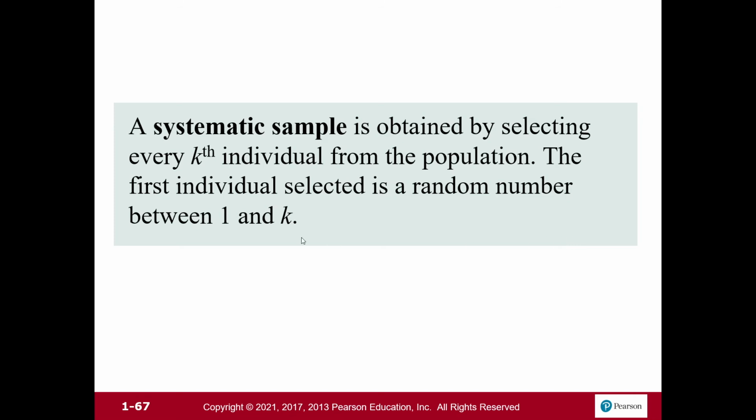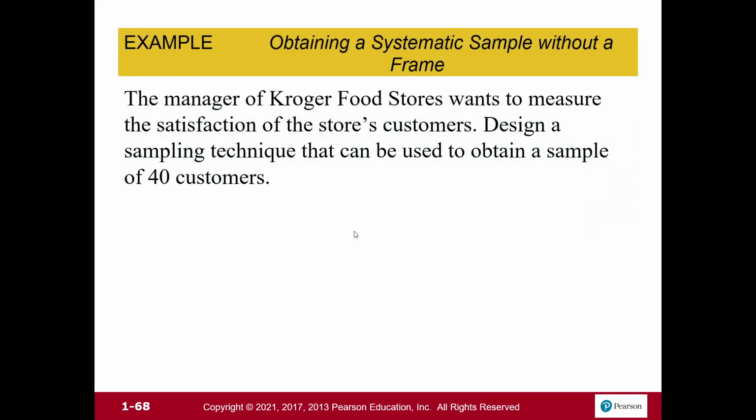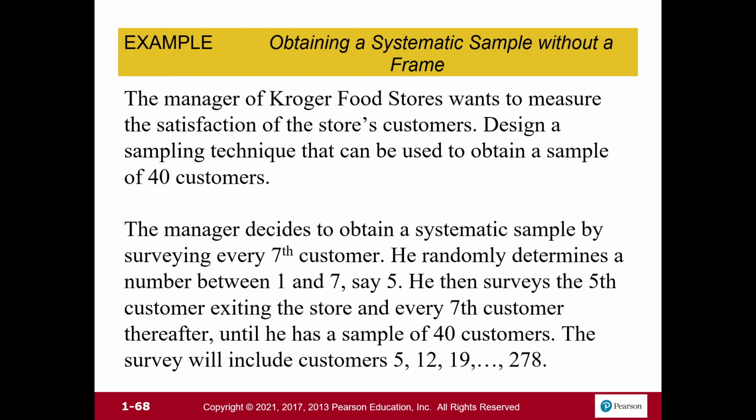All right, will that have bias? Probably, but it's probably still a good way to sample. It's a good technique. So here's an example of how they decided to get a systematic sample. Every 7th customer.